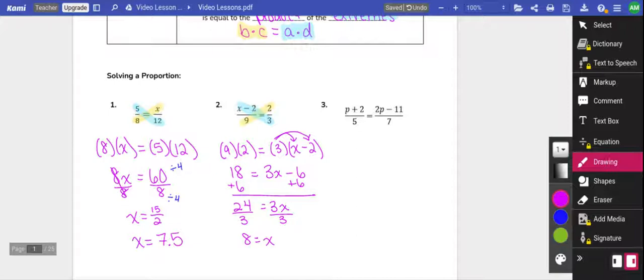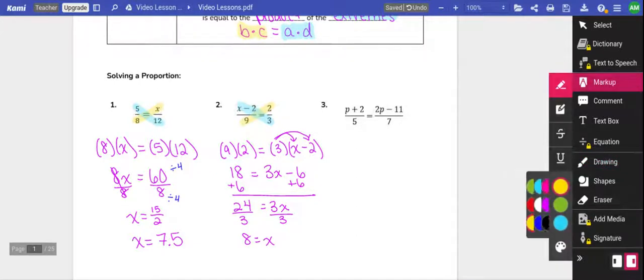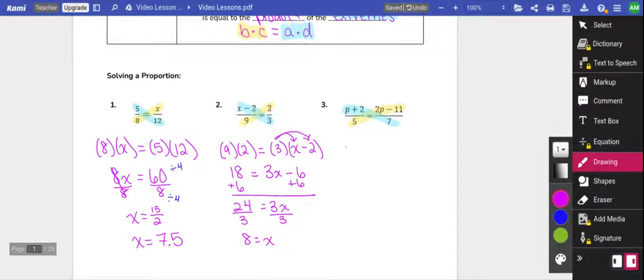One last one. This time I have 2 expressions. Again, the product of my means is going to be equal to the product of my extremes. So let's start with my means. 5 times 2p minus 11 should be equal to 7 times p plus 2.